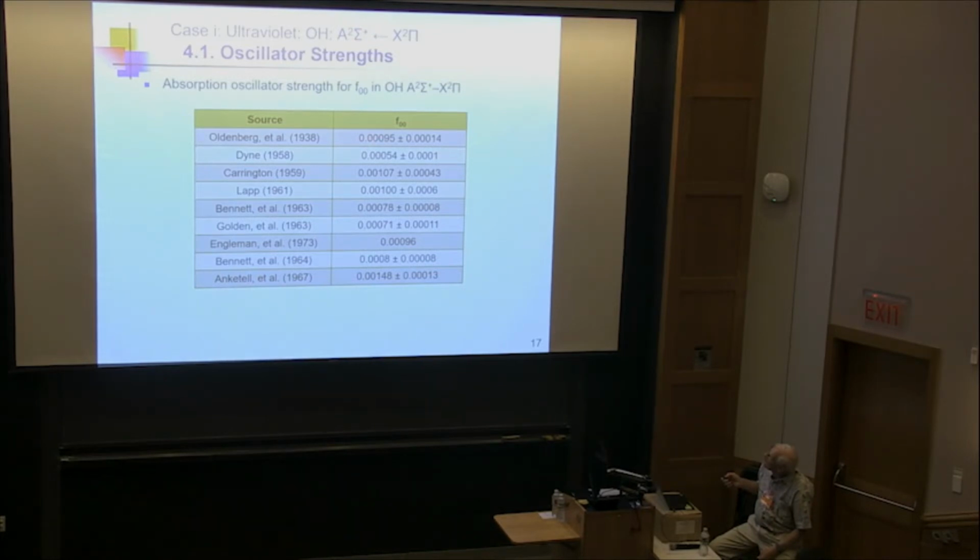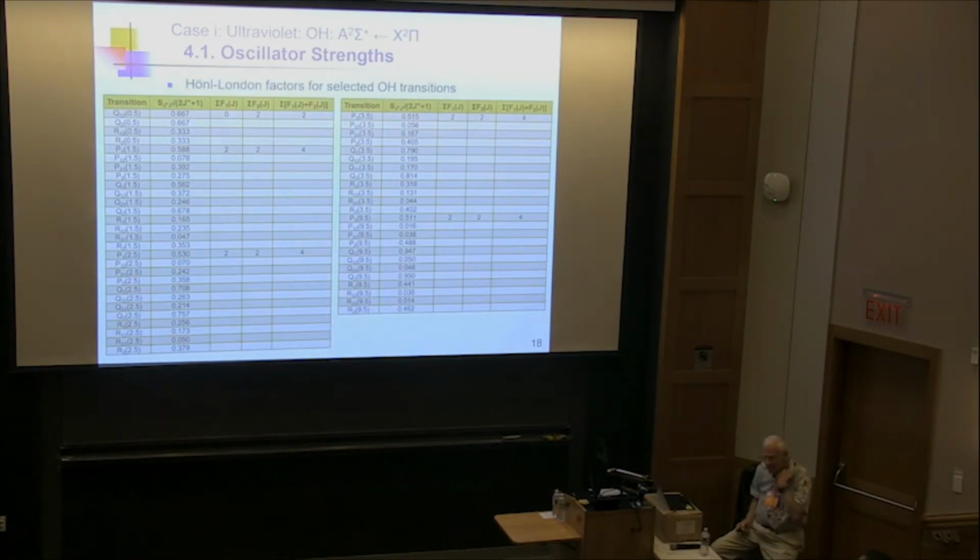But over time, people got strangely different answers. But the bottom line is that the initial guy, I think, got the very best answer. It all boils down to how they measured these things. There's more than one way to do it, and people got more than one answer. So the oscillator strength is probably known for OH to maybe 2%.